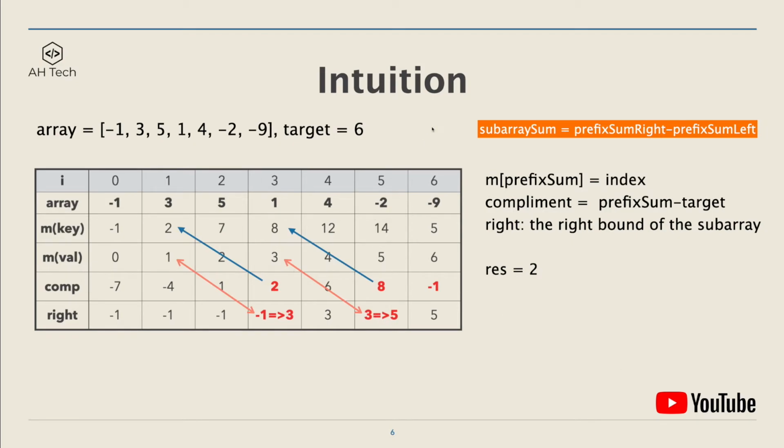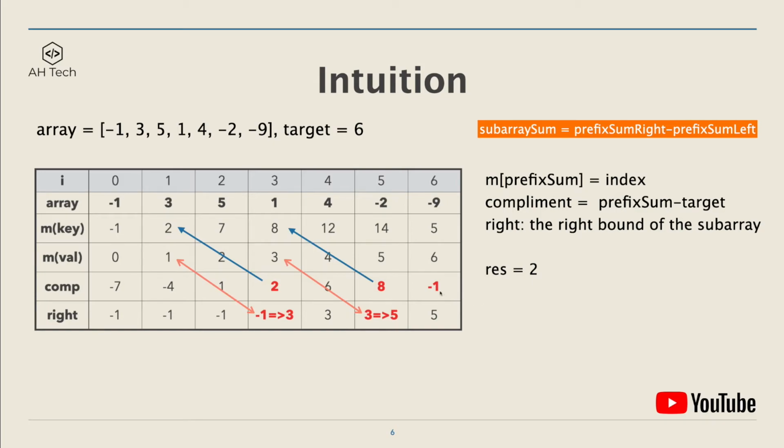And finally, at index 6, even though the comp variable is -1, which already appeared in the hash map, the value of the hash map is 0. It is not bigger than the variable right, which is 5. So that means that that subarray will overlap with other subarrays we have found.